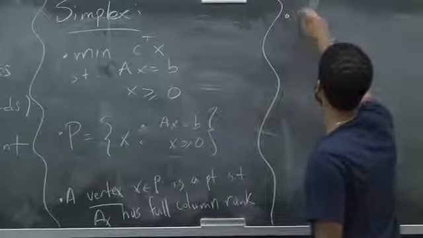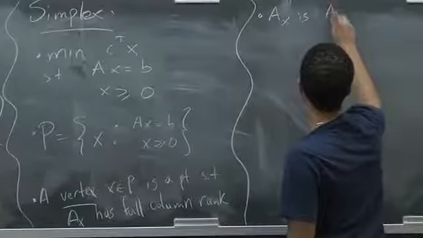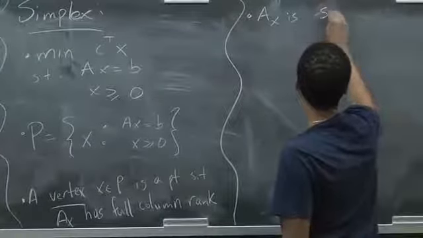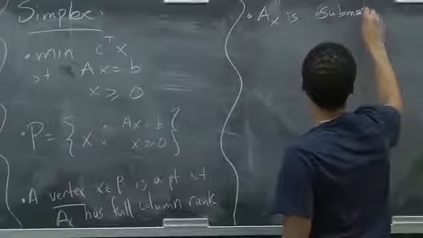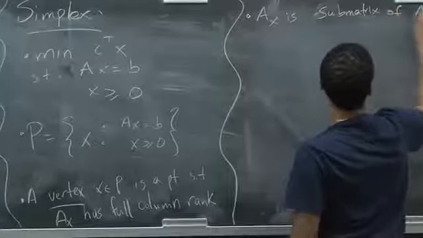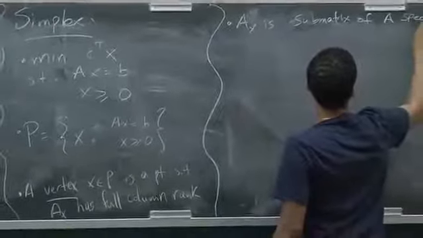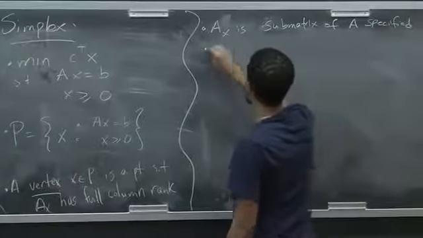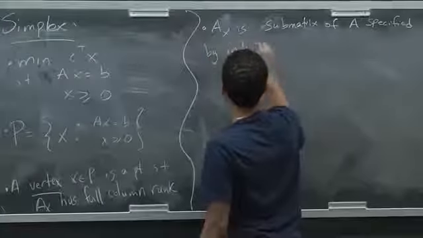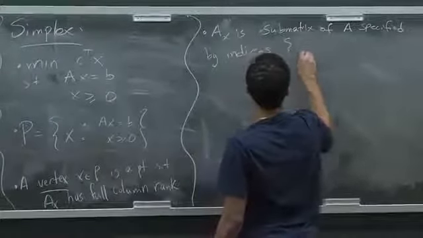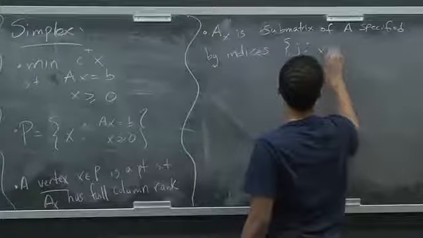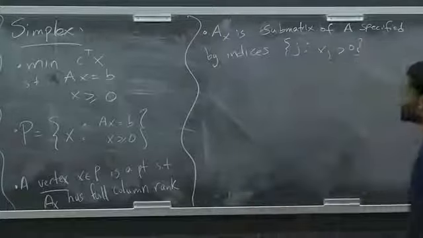And we said that A_x is the submatrix of A specified by the indices j such that x_j is not 0. It's strictly positive.